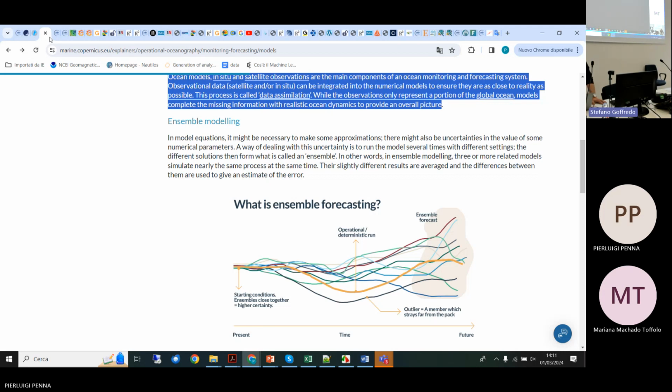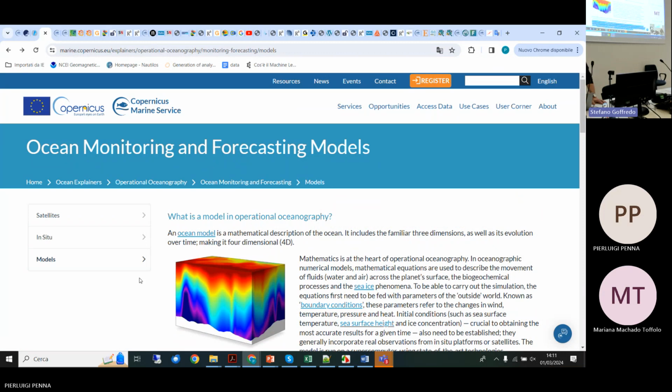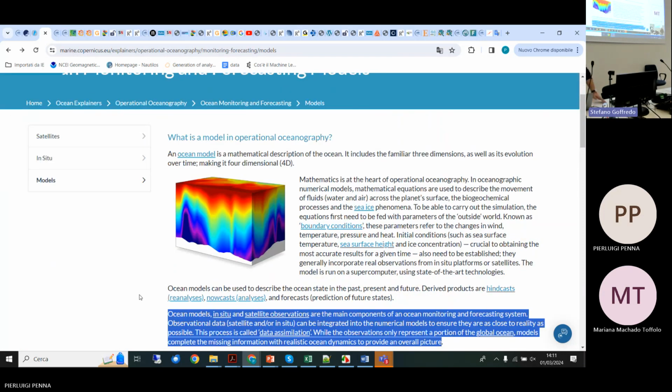The last piece of the puzzle of the global ocean monitoring and forecasting model. So we have in situ data, we have satellite data. What do you do with the data? Move all the data into the model.